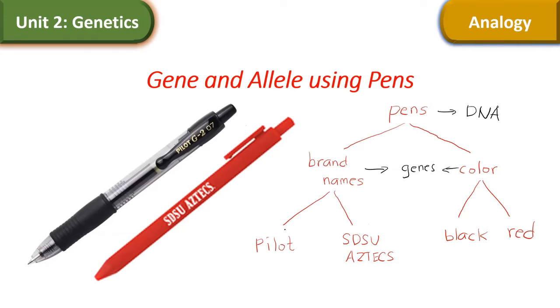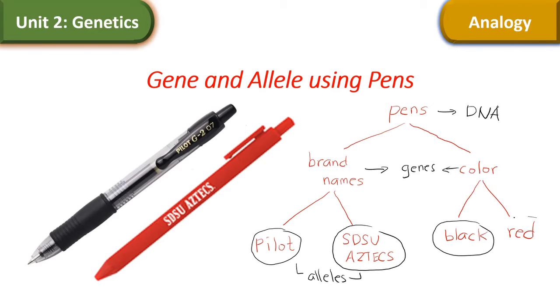Your Pilot here and your SDSU Aztec here are alleles of your brand names. Your black here and your red here are also alleles of the color of the pen.